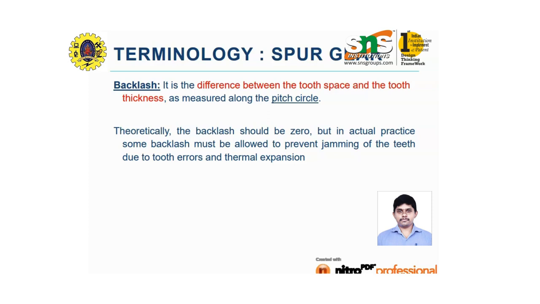For all your gear tooth meshing elements, the backlash should be equal to 0. It should not be more than 0. If it exists, there will be no motion taking place between the gears due to this backlash. Okay, so this is what is clearly mentioned about backlash.